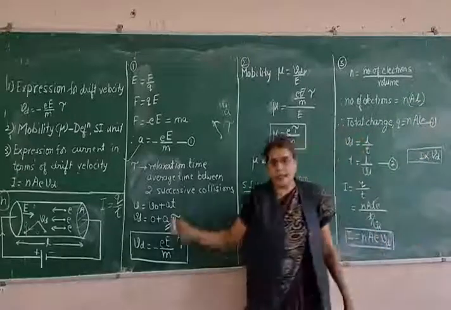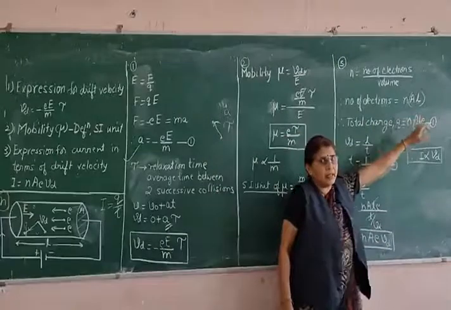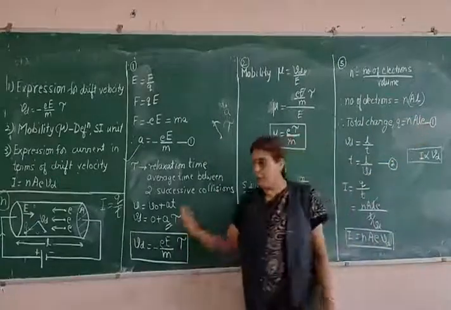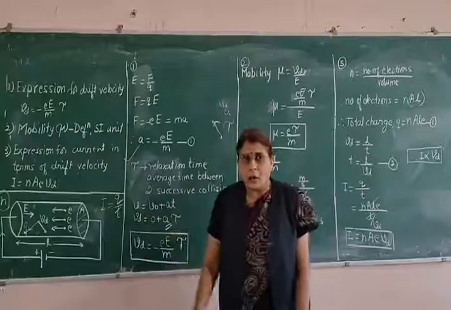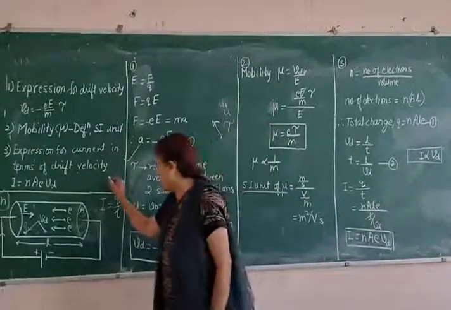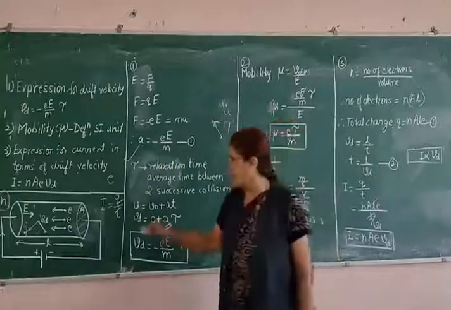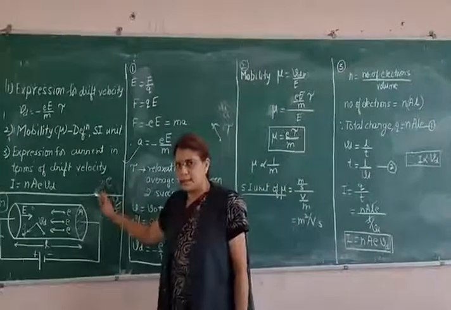So how many electrons are present inside the conductor? It is nothing but n into AL. So many electrons are there. Now what is the total charge in the conductor? You know, charge of one electron is e. Suppose there are 2 electrons, charge will be 2e, 3 electrons, 3e.